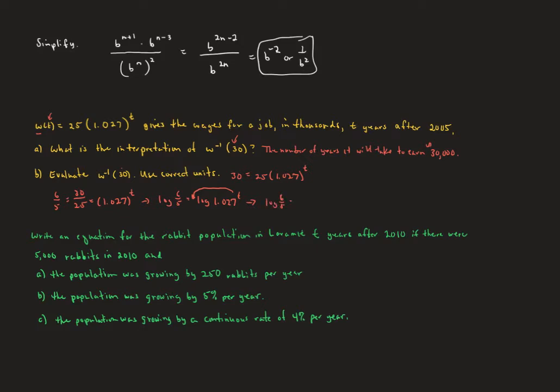So we get log of 6/5 is t times the log of 1.027. Then we can divide to get the t by itself and get the log of 6/5 over the log of 1.027. I'm going to throw this on my calculator and get it to 3 decimal places.